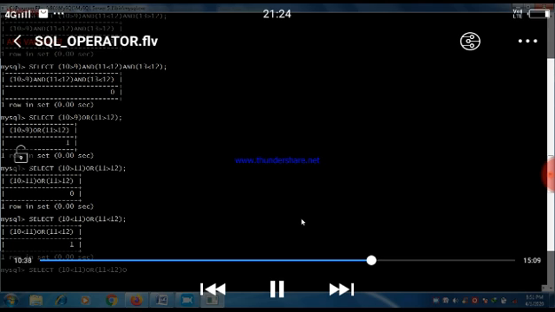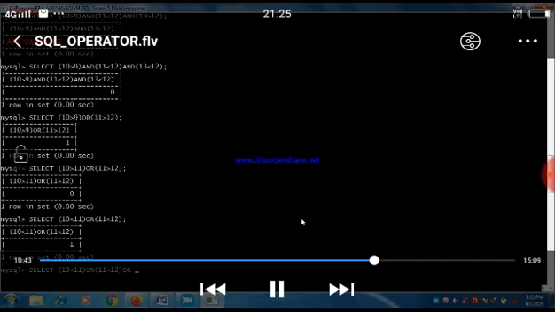Why will the answer be 1? Because 10 is less than 11 is true, and 11 is less than 12 is true. Both are true, so the final answer will be true. And using the OR operator, if at least one condition is true, then the final answer will be true. You don't need to check the other condition. If the first condition is true, then the answer will definitely be 1.